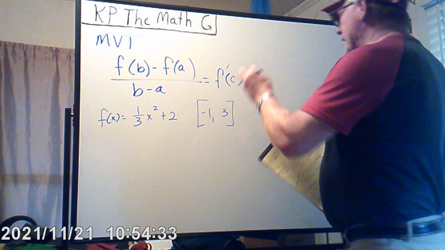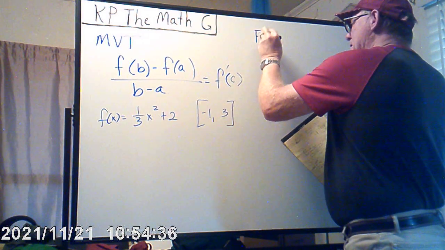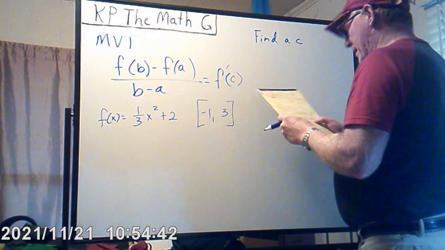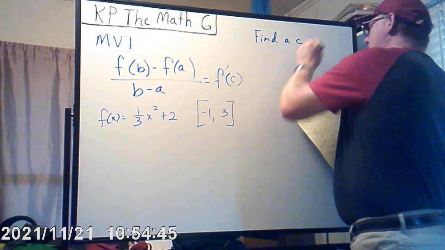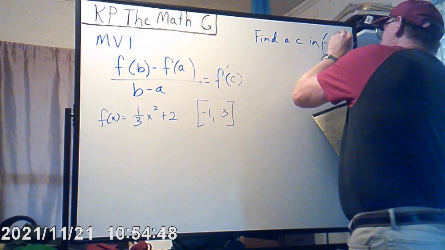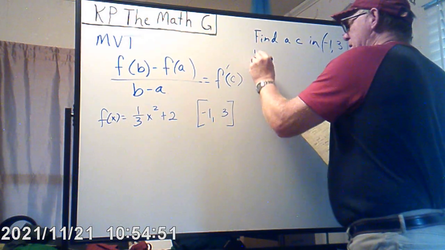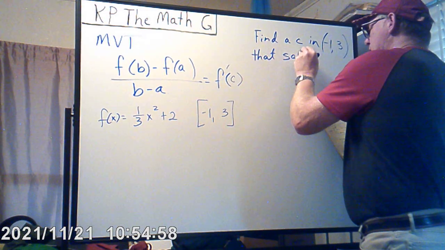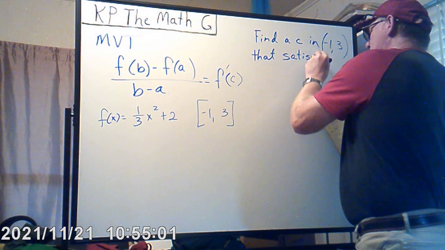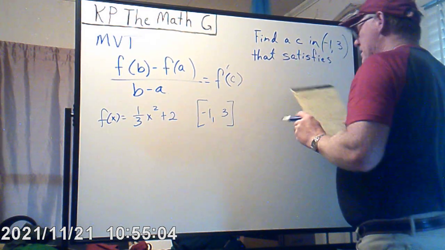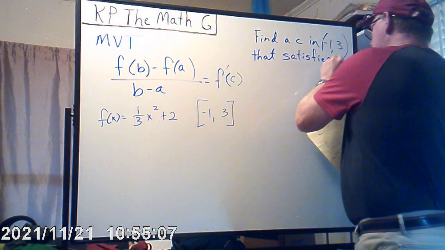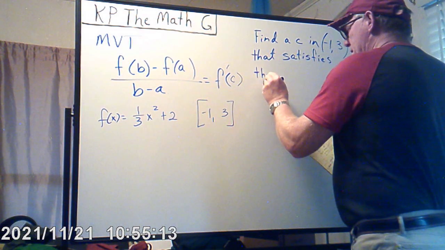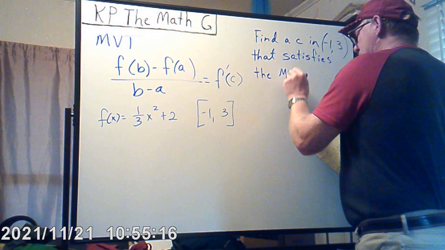Okay, so what we want to do is find a C in the open interval from -1 to 3 that satisfies the conditions of the mean value theorem.